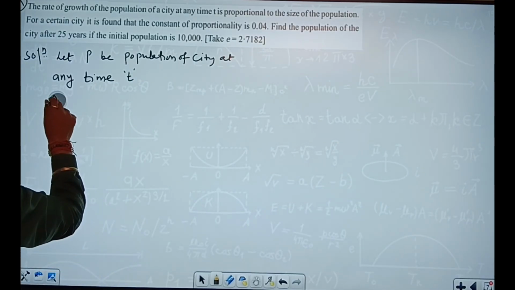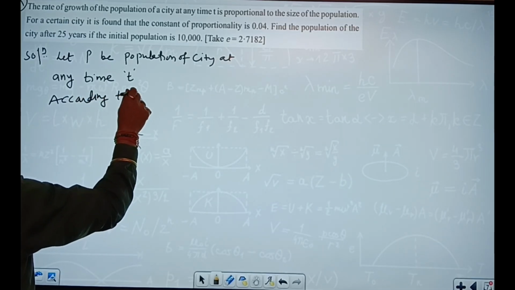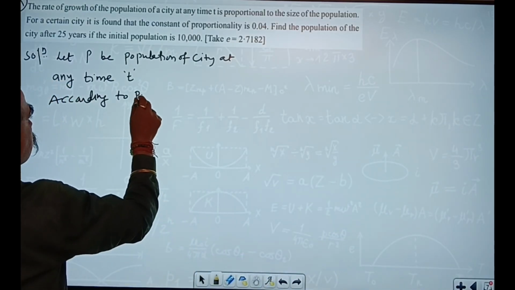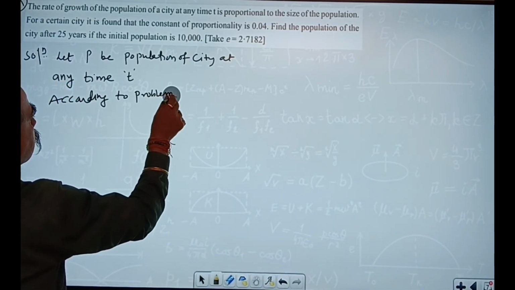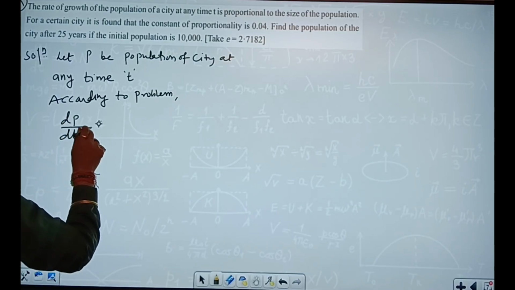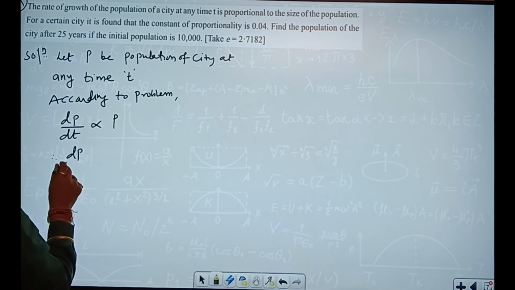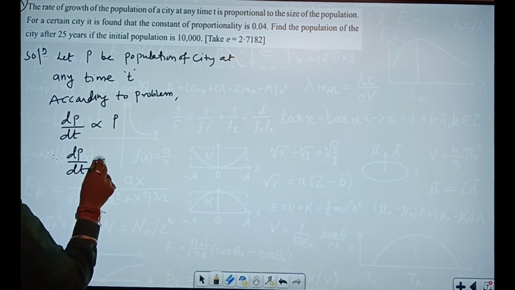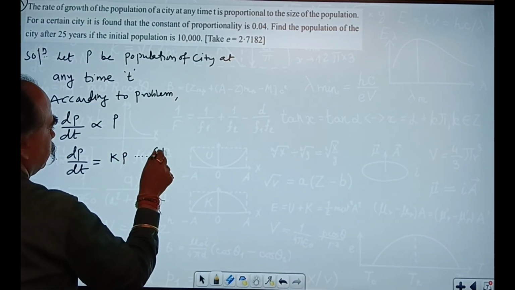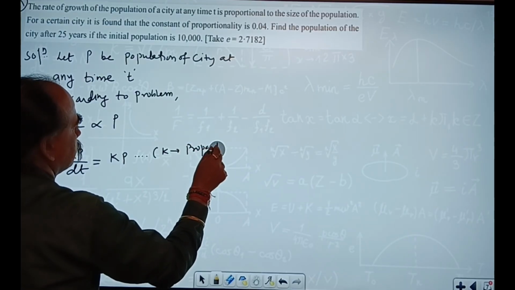According to problem, dp by dt is proportional to P. dp by dt is equal to kP, k is proportionality constant.